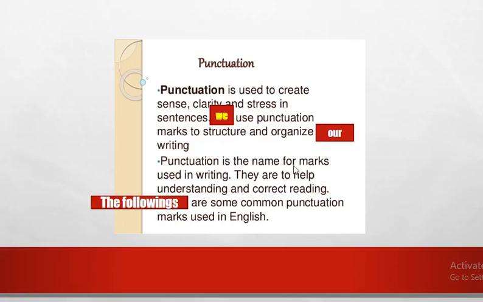Punctuation marks is the name for marks used in writing. They are to help understanding and correct reading. The following are some common punctuation marks used in English.